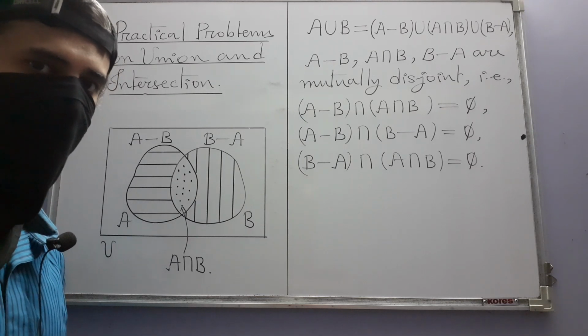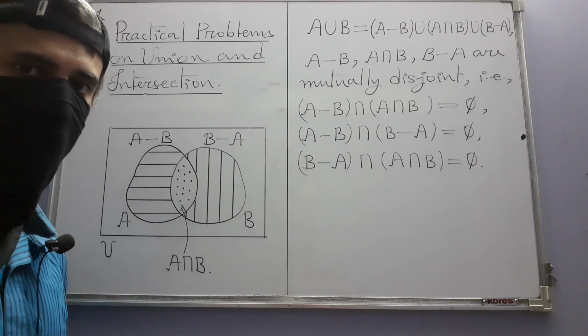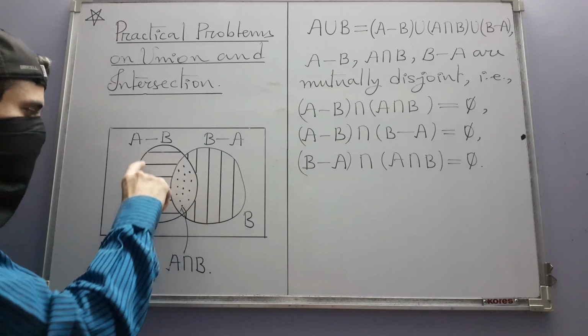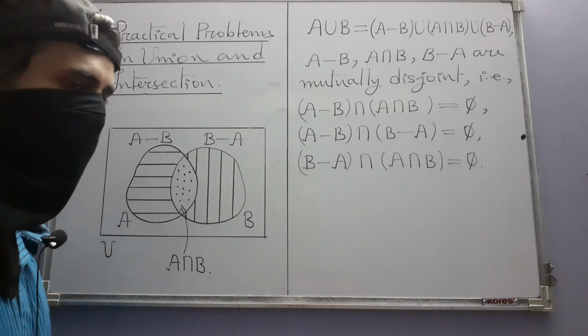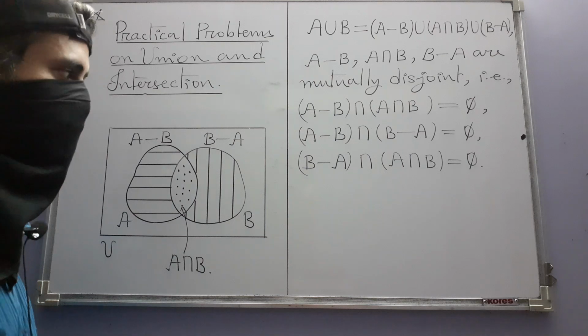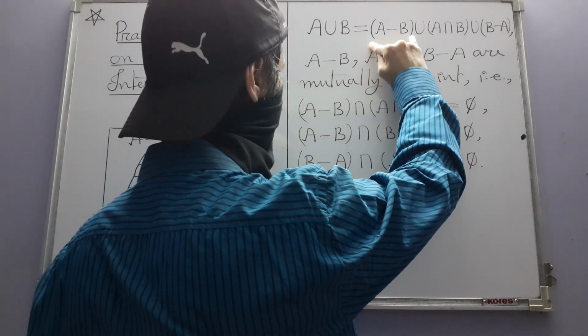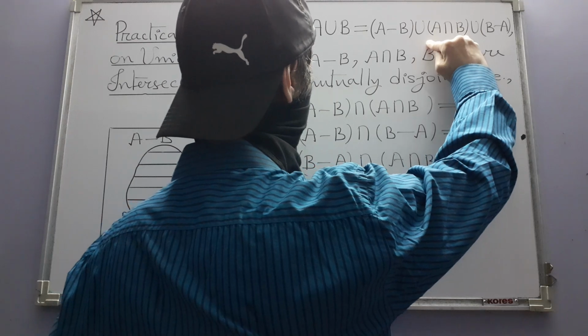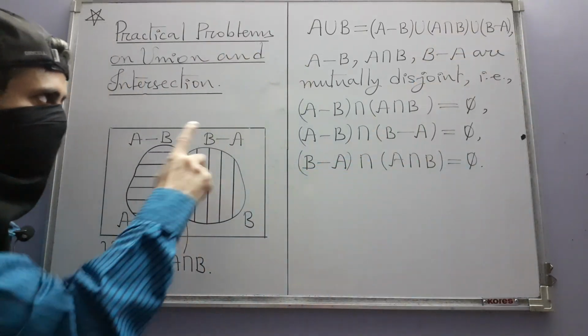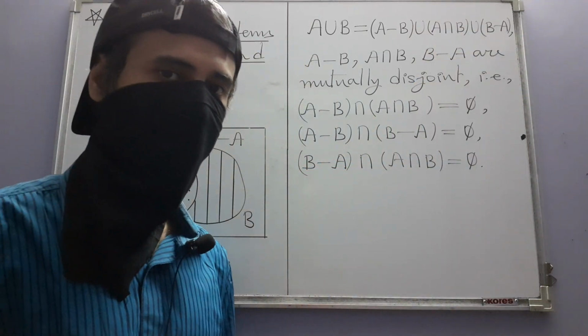So what is the total number of balls without considering the colors? 2 plus 3 plus 2, so that means 7. Okay, so that's how, if you add the number of elements in A difference B, A intersection B, and B difference A, you are going to get the number of elements in A union B.